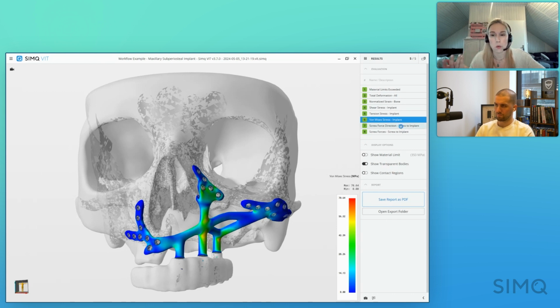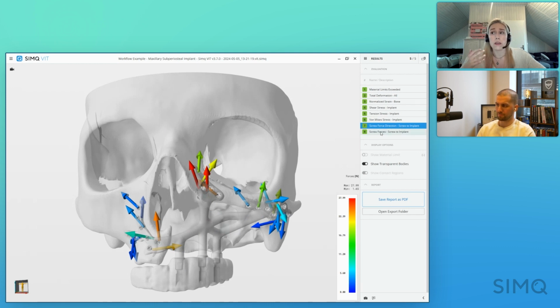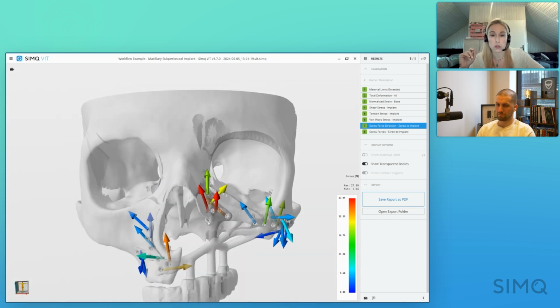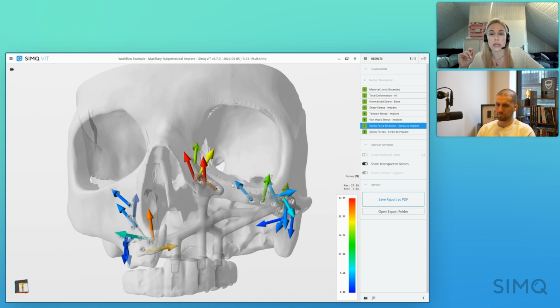And we also have what's important, the screw force. So again, when the implant is bitten down upon, that implant is going to put force on the screws, and the screws also on the implant. So we also take into account, on each screw, the amount of force. It might be red here, but it just indicates the Newton force on these screws is 27 or 28, almost 28.